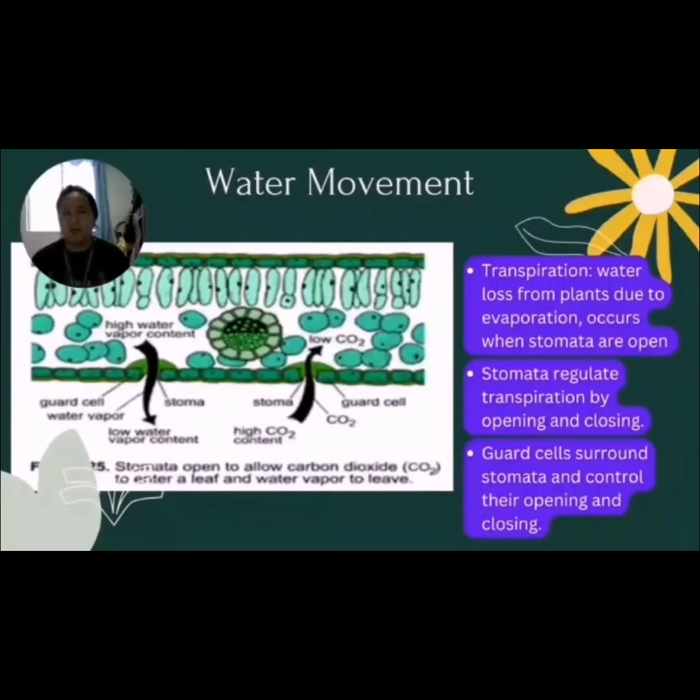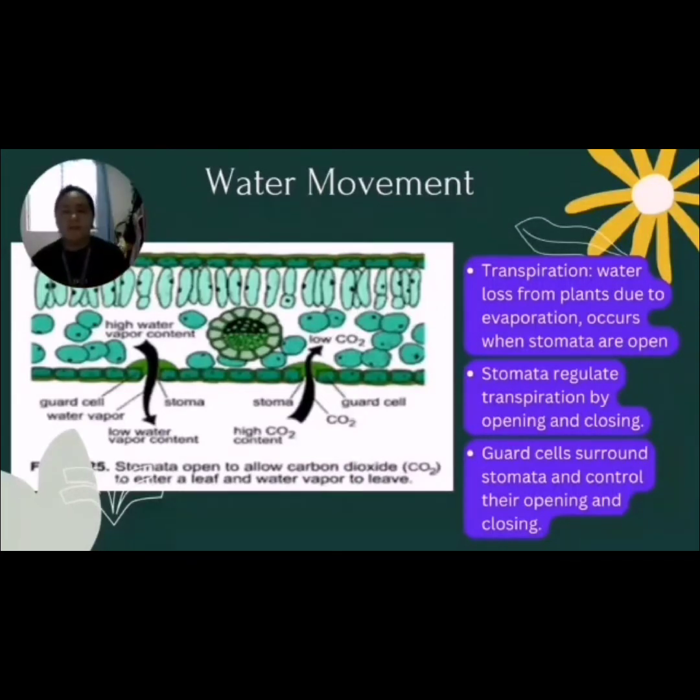Transpiration is the method used by plants to cool themselves. In other terms, it is the water loss from plants due to evaporation. Transpiration occurs when the stomata are open.